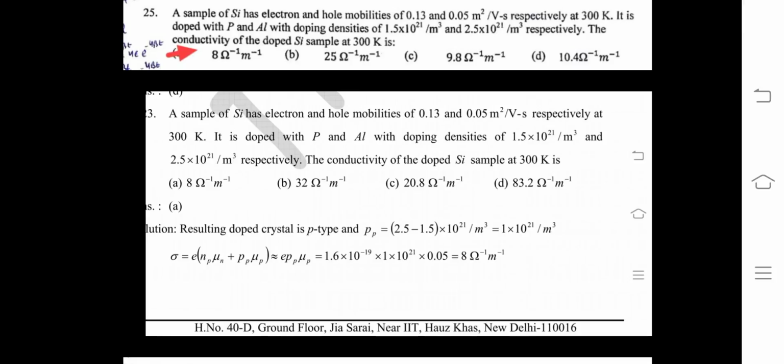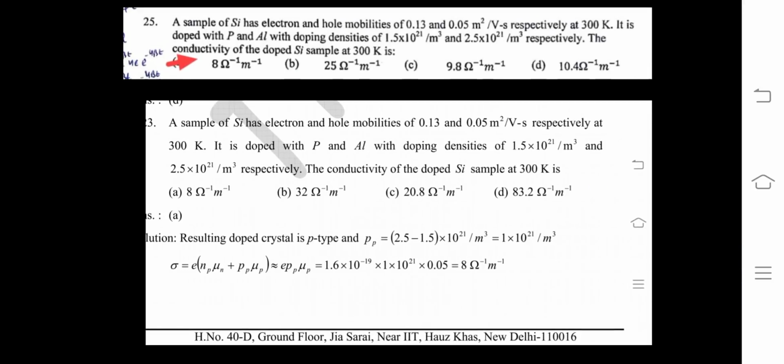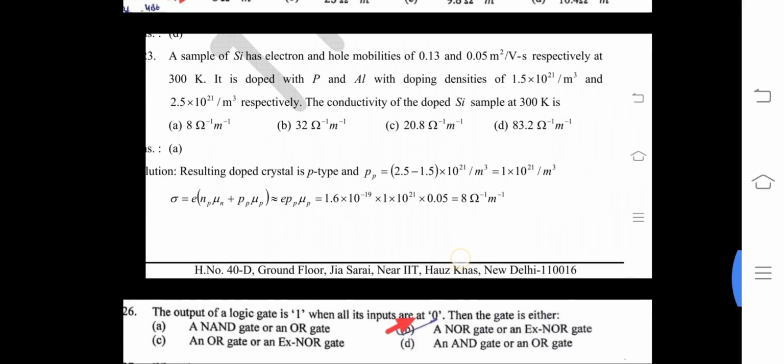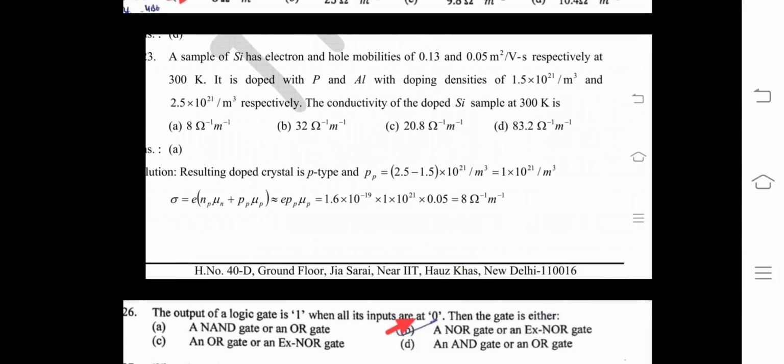In the resulting doped crystal, there are more p-type impurities than n-type impurities. So the resulting dopant would be 1 into 10 raised to the power 21 per meter cube. Conductivity is given by this formula. As n-type carriers are fewer compared to p-type, they have just put the values and option A is the correct one.